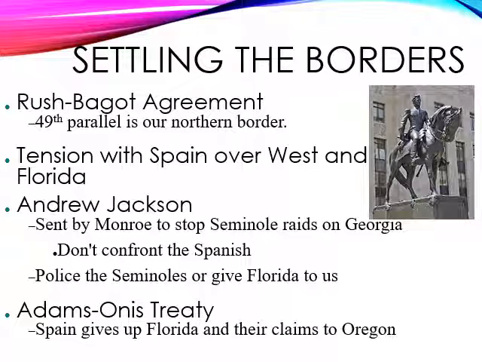And so America was sick of it, so they sent Andrew Jackson, one of their really good generals. Turns out he's a little crazy, he just keeps doing crazy things, but they sent him in to stop those Seminole raids.